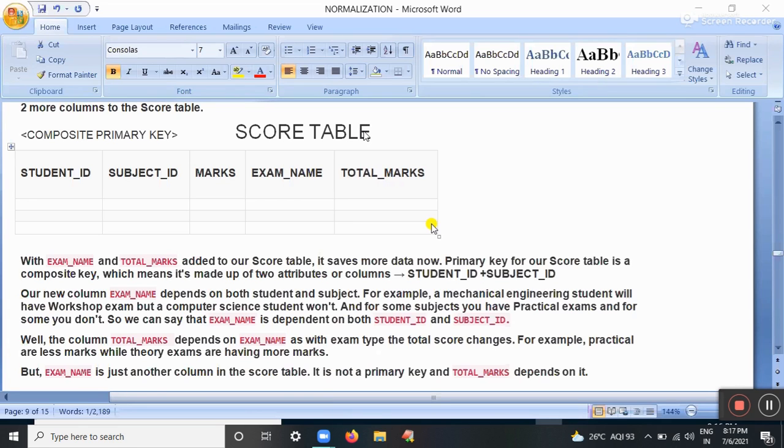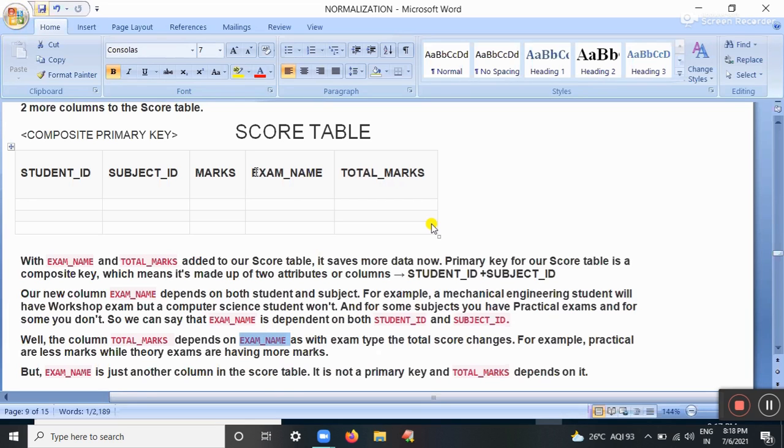Yes. So now this score table is having a transitive dependency problem. That means a non-primary key column, total marks, is depending on another non-primary key column. Okay, so this is called a transitive dependency.